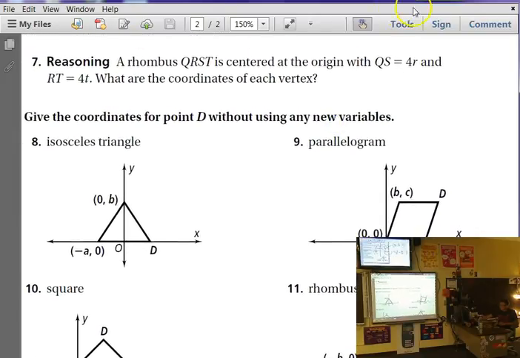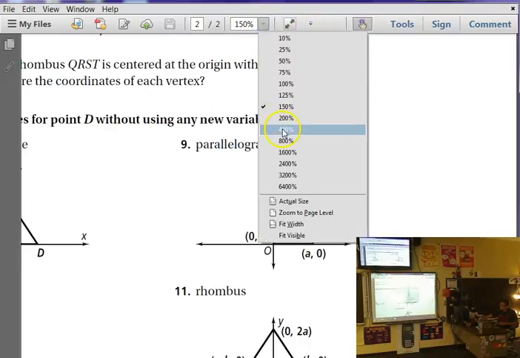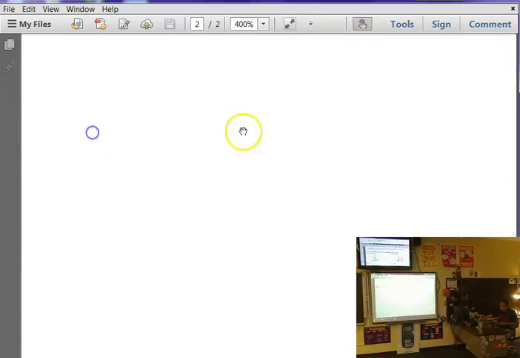I'm going to capture this so we have our info. And then I'm probably going to scooch it so I have some space to draw. I'm just going to zoom way in so I have room to work. Okay.